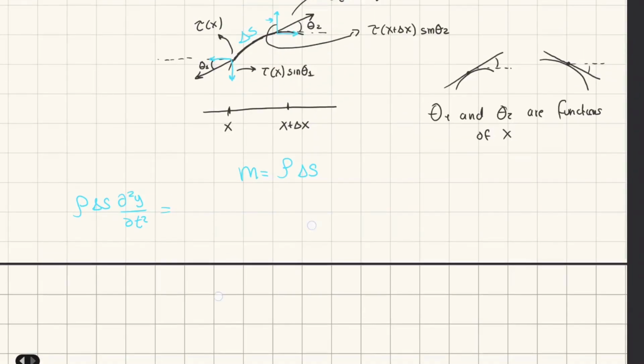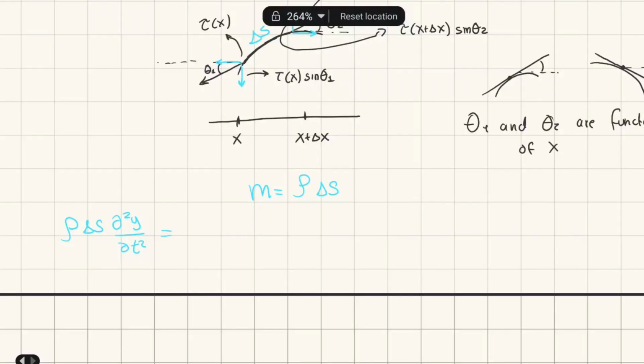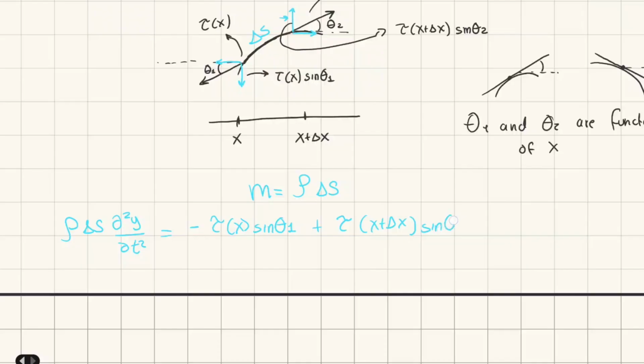In this step, we need to write the elements of the forces in the y direction, that are, in this case, minus tau of x sine of theta 1, and then plus tau of x plus delta x sine of theta 2.